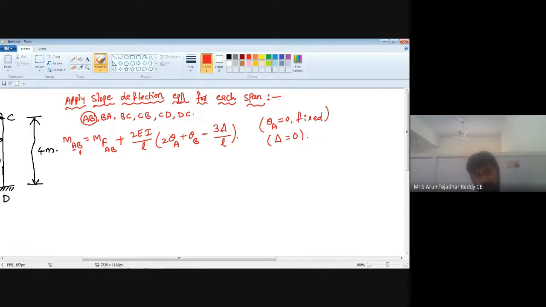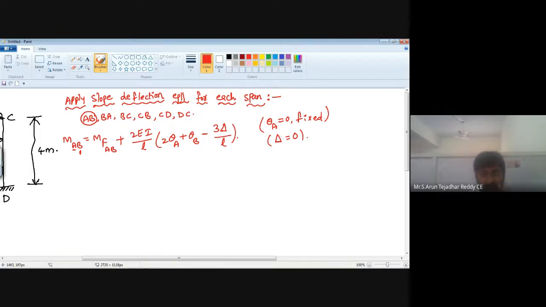If those 4 conditions are satisfied, then it is a non-sway frame. If any one condition is not satisfied, then it is a sway frame. But in this given diagram, all 4 conditions are satisfied, so it is a non-sway frame. When the frame is non-sway, automatically our deflection is 0.